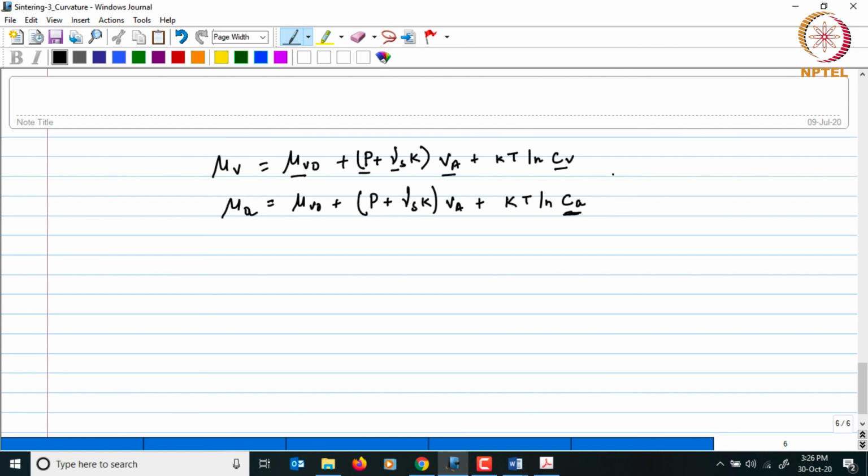So Cv and Ca are generally very small, and therefore you can see that the chemical potential primarily depends on the hydrostatic pressure in the solid and the curvature on the surface. Okay. So now the powder particles which are being sintered also have their own curvature, and that will lead to a change in the chemical potential which will drive the diffusional flux, and as a result of that the surface curvature also acts as a driving force for the sintering process.